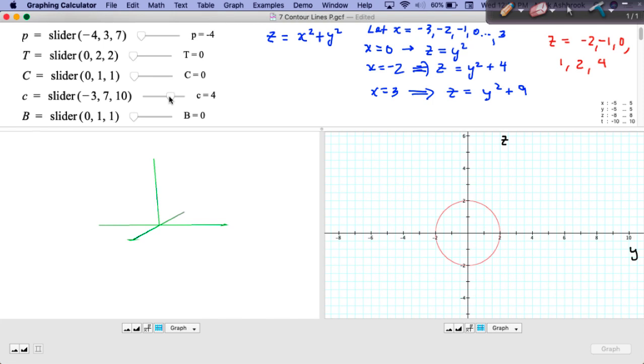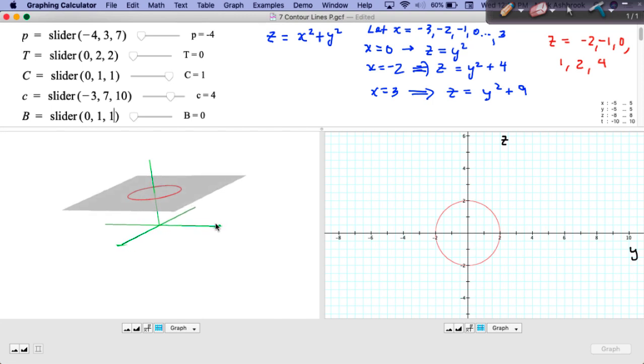How would you relate that circle to the surface? At height z equals 4, because that's how we got the circle. We got the circle by saying z was equal to 4. So now we're only talking about that plane, z equals 4, and there's the circle x squared plus y squared equals 4.